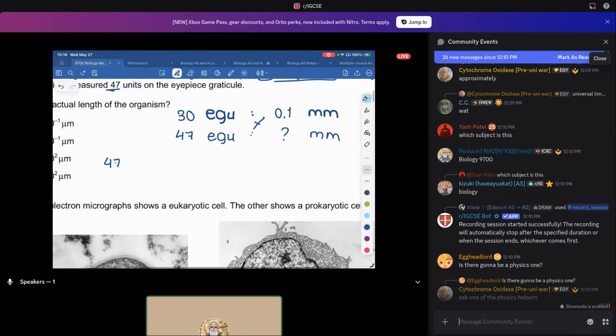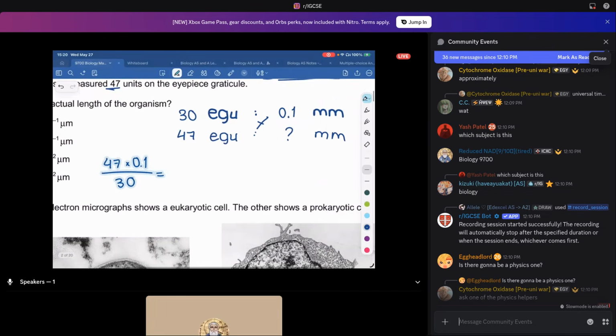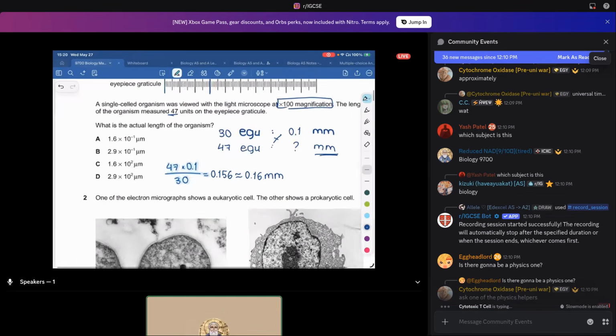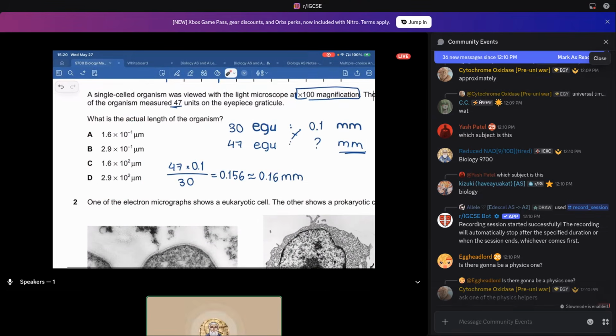Then normal cross multiplication: 47 times 0.1 over 30. That would be 0.156, roughly 0.16 millimeters.